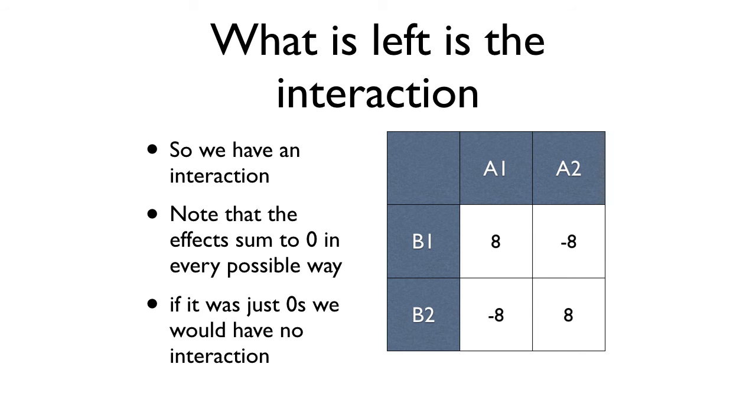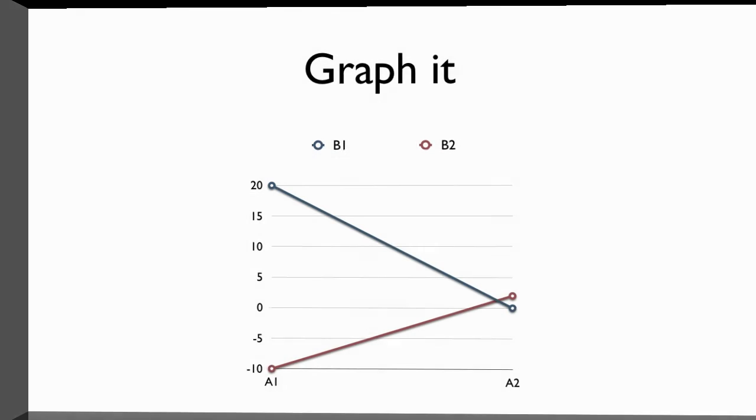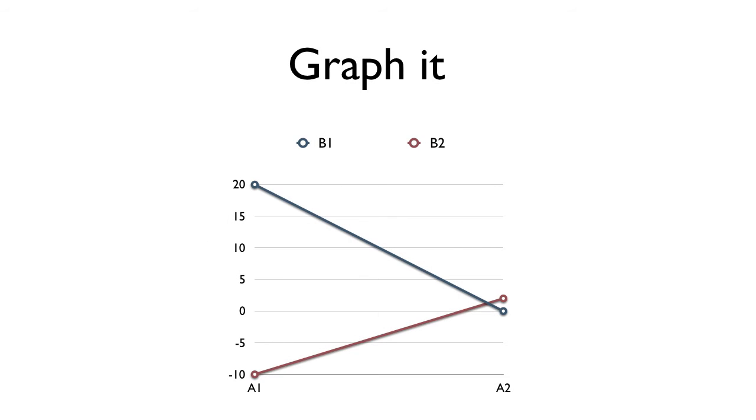Okay. And if we graph this one, we'd see, wow, is that ever an interaction? It's not just that the effect of A changes depending upon the level of B. In fact, the order of the effect changes depending upon the level of A here, doesn't it? At A1, B2's way bigger than B1.